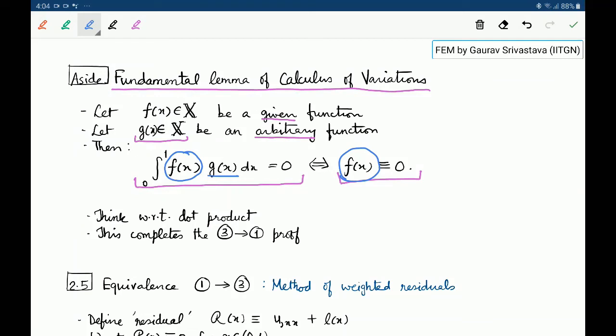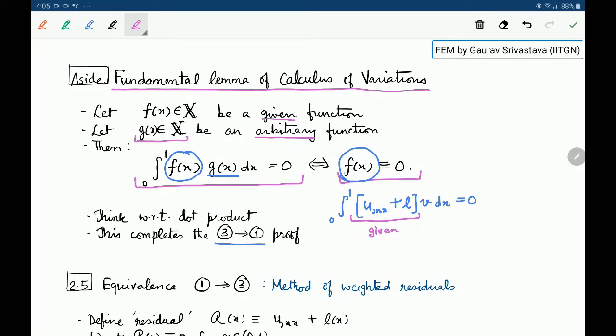Okay. So this will complete the 3 to 1 proof, because we essentially had integral 0 to 1 of (u comma xx plus L) v dx equal to 0. So this is where we reached. Now if you see, what is in the brackets is a given function, because u of x is the displacement field, will be a given function.